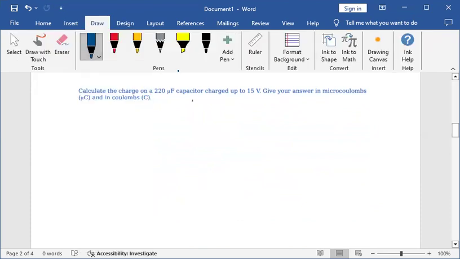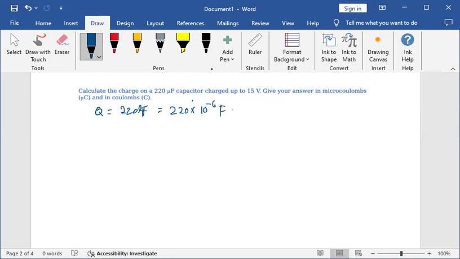So we know the capacitance is 220 microfarad, so it's equal to 220 times 10 power minus 6 farad.